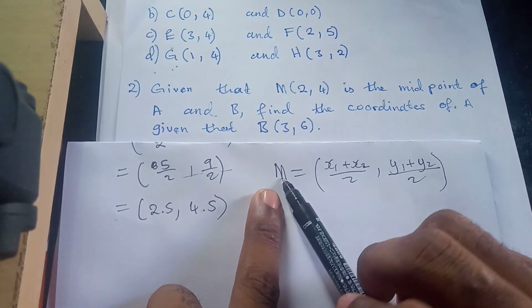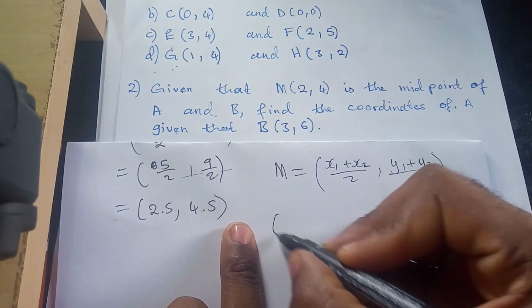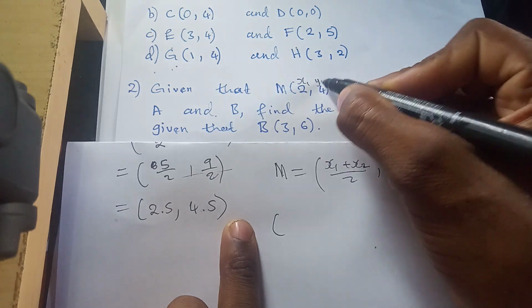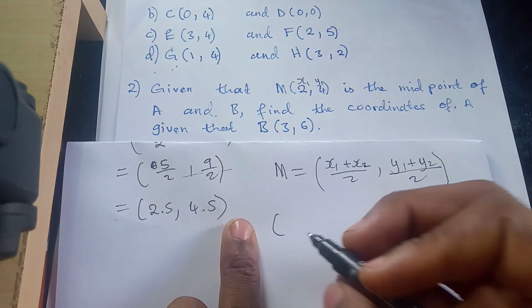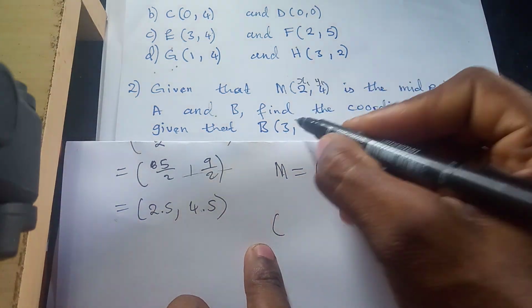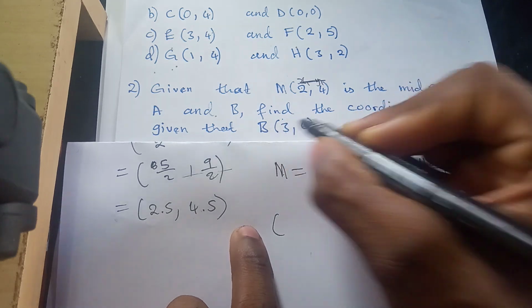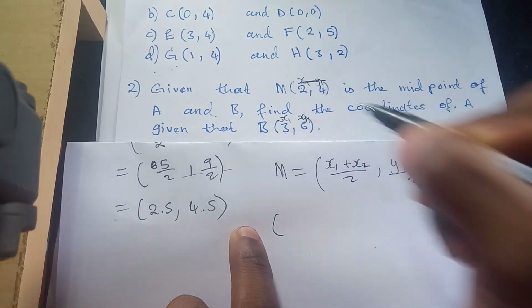In this case, our m is known. Actually, this is m, so you leave it as it is. It's the B's which you are calling x1, y1.